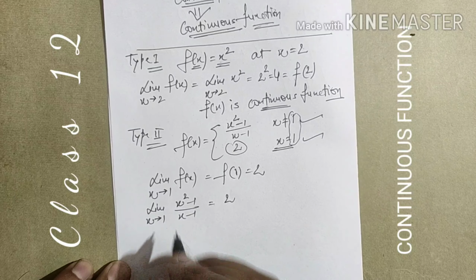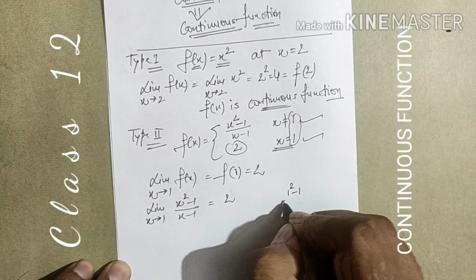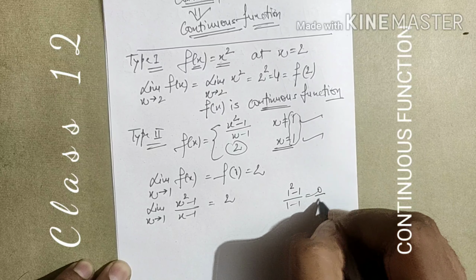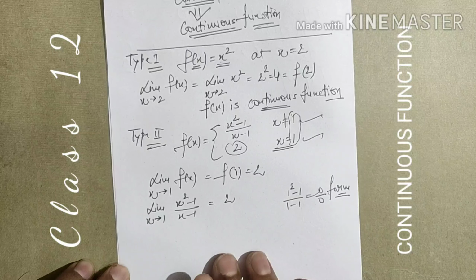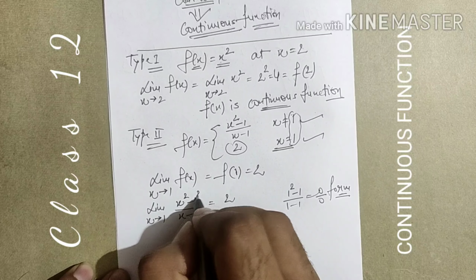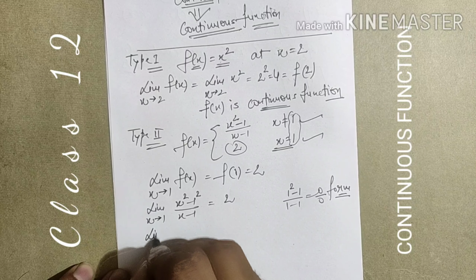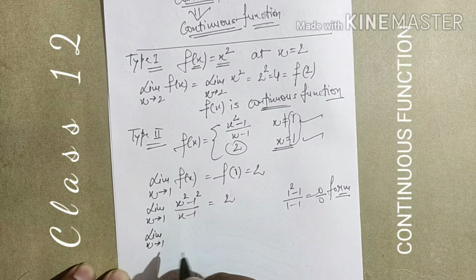If you see here, when we put x equal to 1, we get square of 1 minus 1 divided by 1 minus 1, which is our 0 by 0 form. As we have done in the previous class, to remove 0 by 0 form, the first method we can apply is the factor method. So we are applying here the factor method by using the identity a square minus b square.